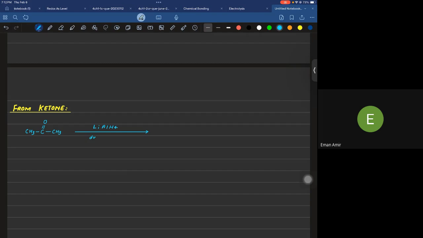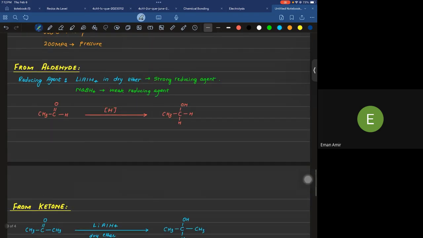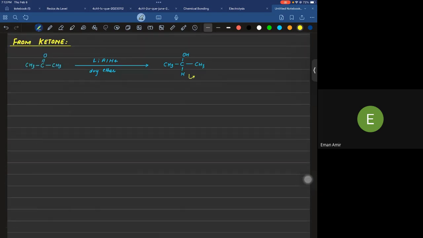So this alcohol would be produced, that is secondary alcohol. It was 1 degree, meaning primary, and this is your secondary alcohol, like 2-degree alcohol. It's very simple.